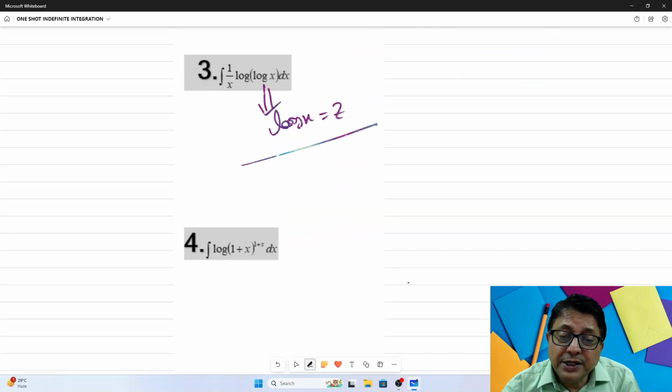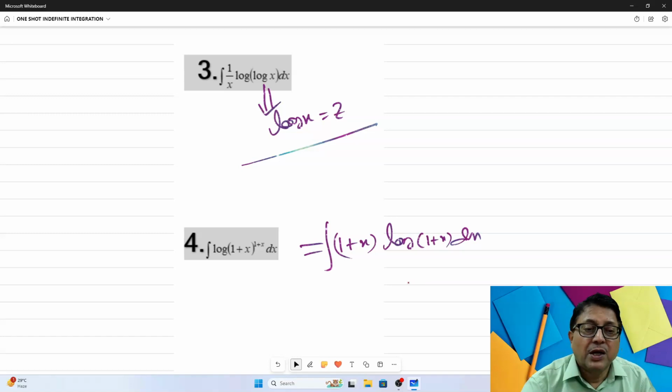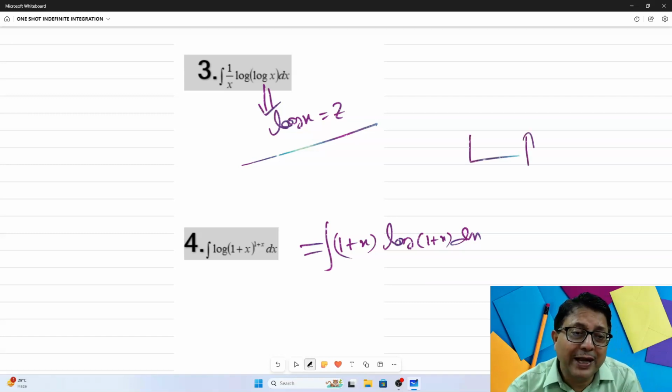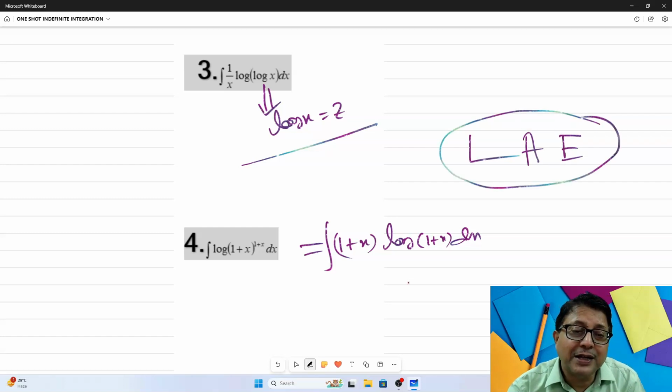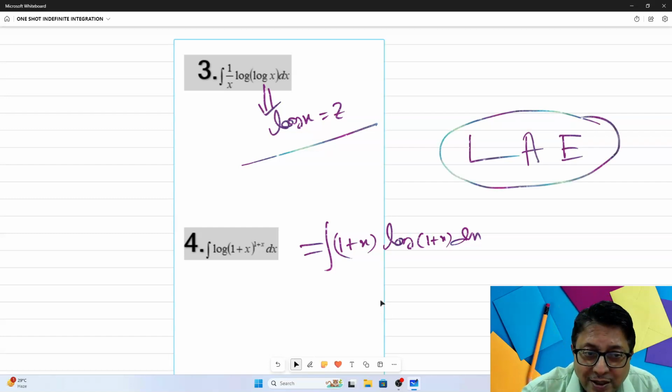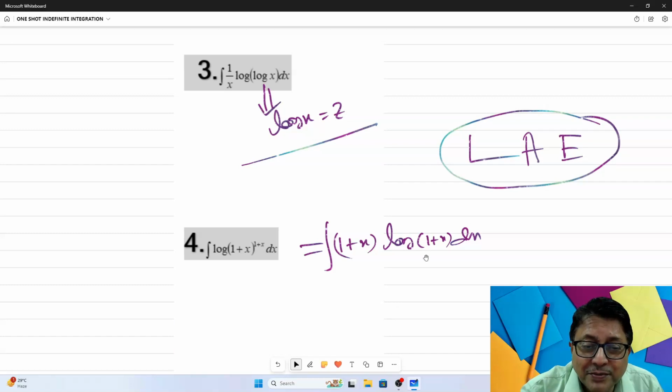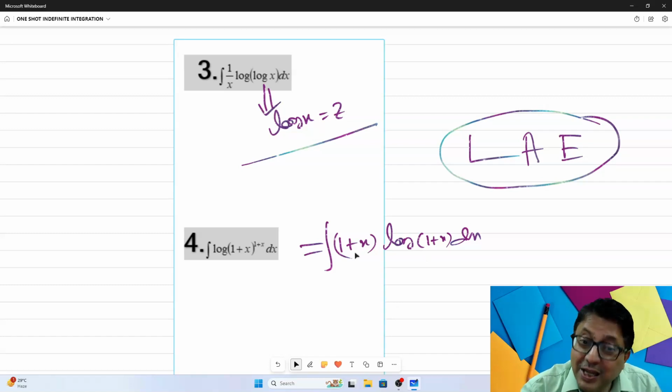And here it is 1 plus x will be outside, log 1 plus x. So if you are following this rule, LAE, logarithm, algebraic and exponential will be there. So this is logarithm and this is algebraic.